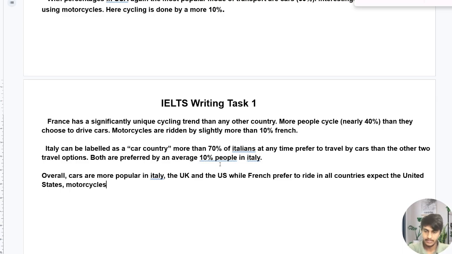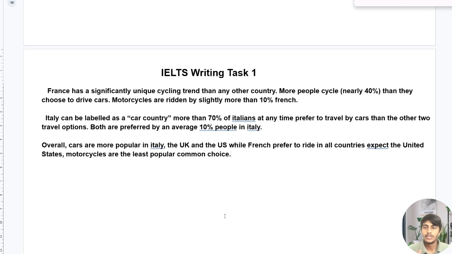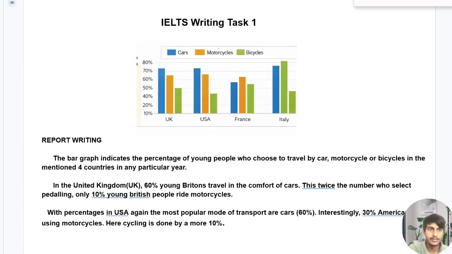Motorcycles are the least popular common choice.